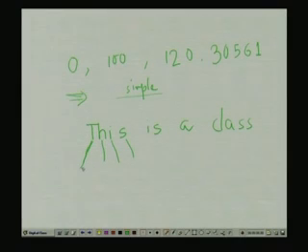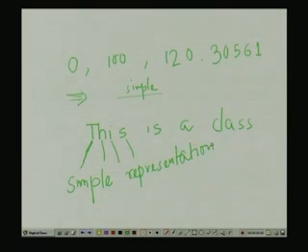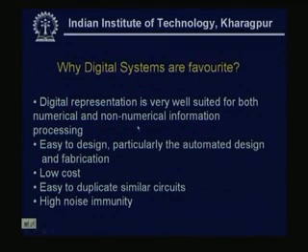That means even the characters can be represented simply, a simple representation of these characters is possible. So we are telling that this is one of the biggest advantages.